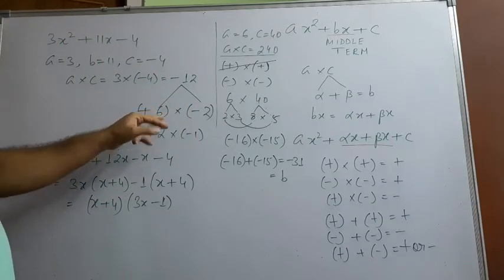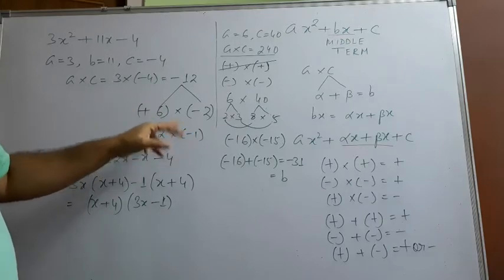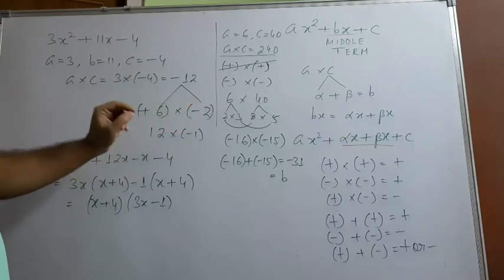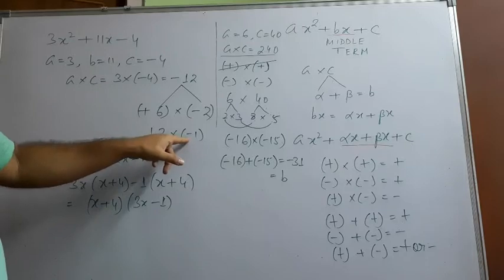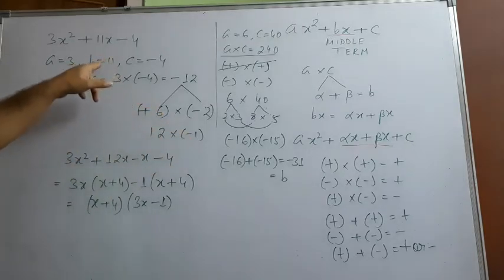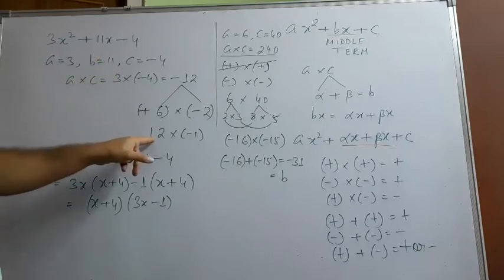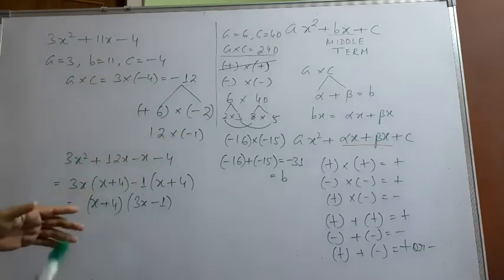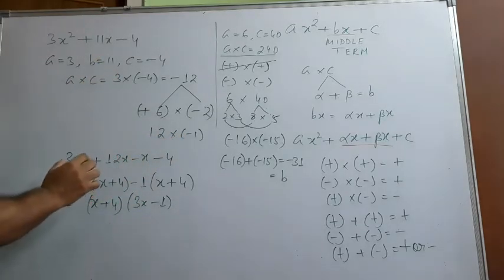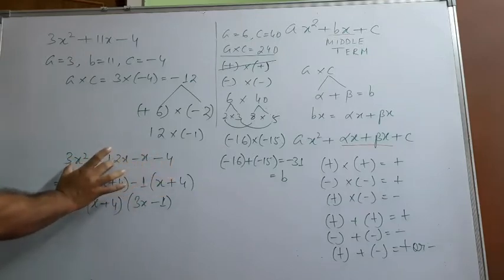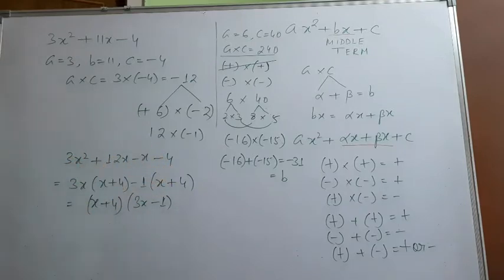So I take 6 and minus 2, 12 and minus 1, 4 and minus 3 like that. Out of that, the pair 12 and minus 1 adds up to B, 11. So I take 11x as 12x and minus 1x. So it is split in two parts. Total number of terms 4, 2 positive and 2 negative, equal number of positive and negative terms. After that you take common and you have got the factors.